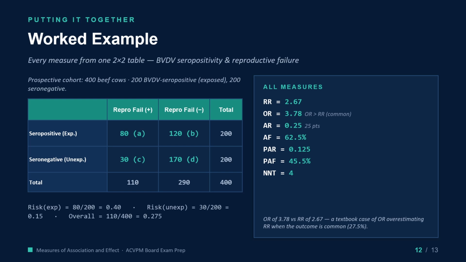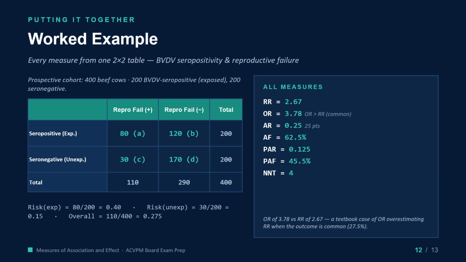The AF, also known as the etiologic fraction, equals 0.25 divided by 0.4 is 0.625, or 62.5% of reproductive failure in seropositive cows is attributable to BVDV seropositivity.